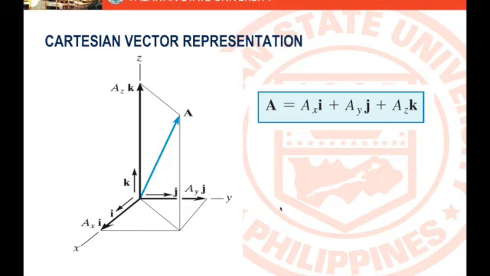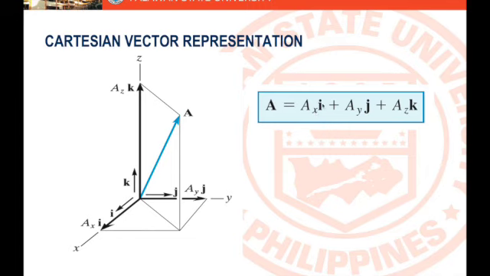Okay, so I hope this one makes it easier for you to write it in 3 dimensions, because we will not only be operating on one vector, we will be operating on multiple 3-dimensional vectors. So it's imperative that you know how to write or express each of those vectors in their Cartesian vector form, so that when you need to add or subtract them, you can do scalar algebra on the components which are going in the same directions.